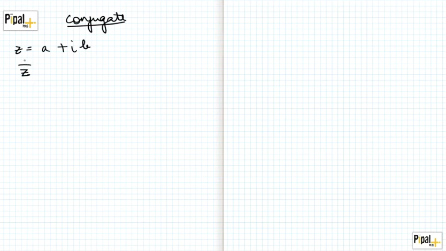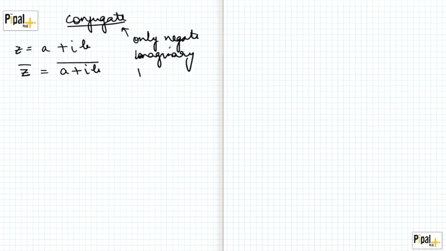So a bar on top of the complex number, or even a bar on the expanded complex number, implies that we are talking about its conjugate. And conjugate is simply you keep the real part intact, you only negate the imaginary part.